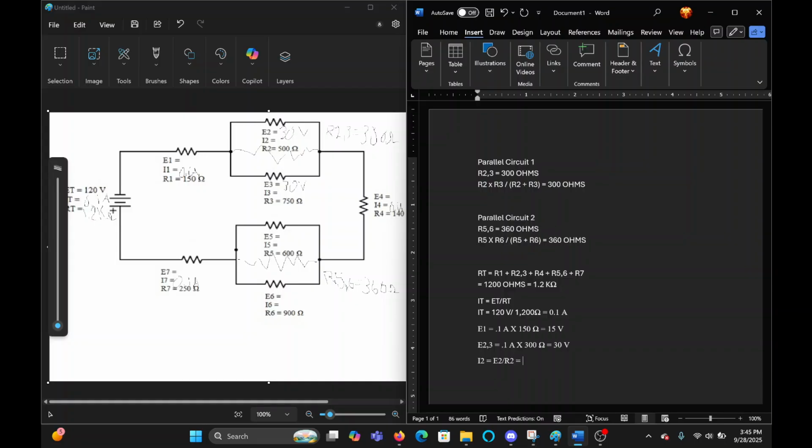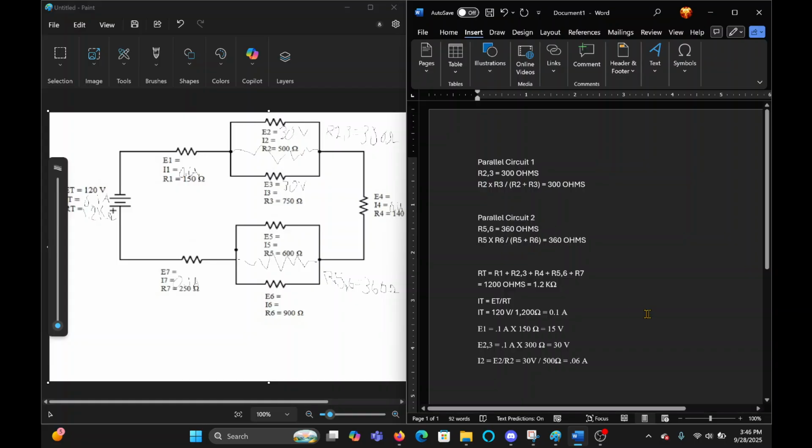E2 divided by R2 is 30 divided by 500, and that's going to equal 0.06 amps. So this is voltage and this is ohms. Okay. So that's how you get I2.